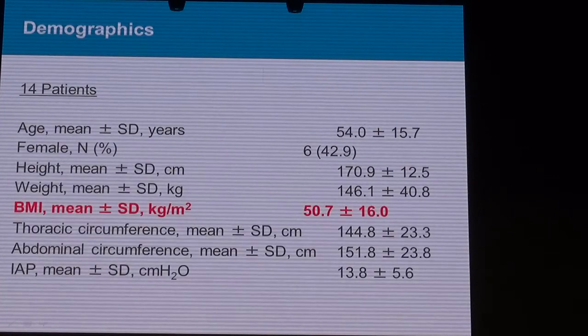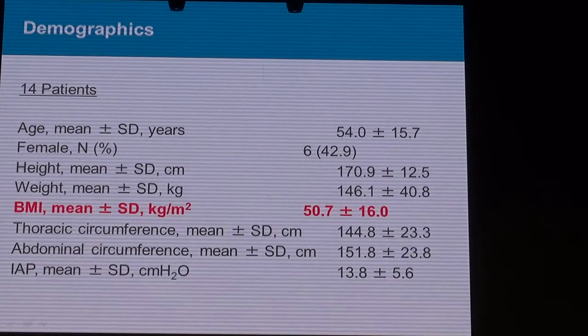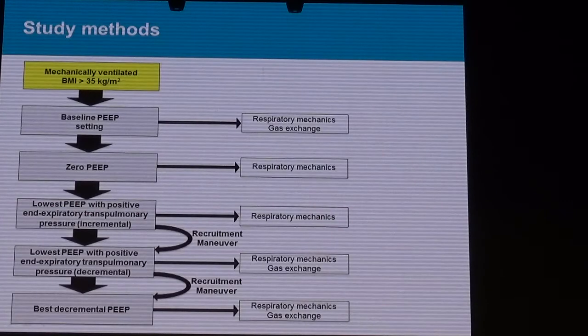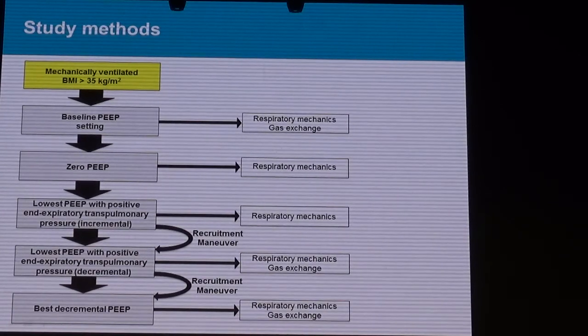So this is our patient population. We did this study in 14 patients. The BMI was 50 on average, and what we did was really three phases. When the patients came in, we did baseline measurements at the level of PEEP that was titrated by the ICU team, and then we did zero PEEP.